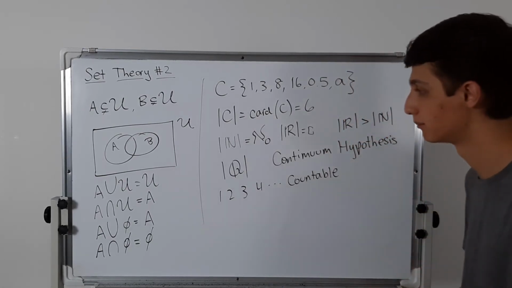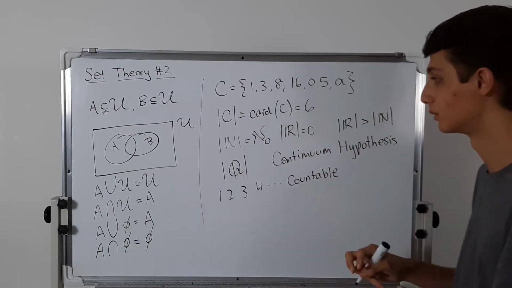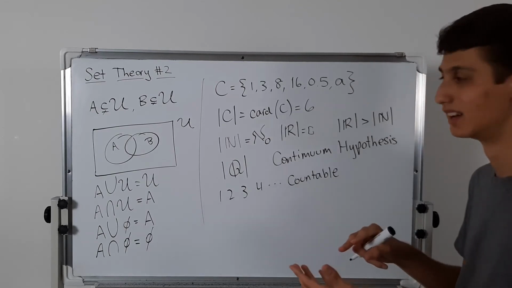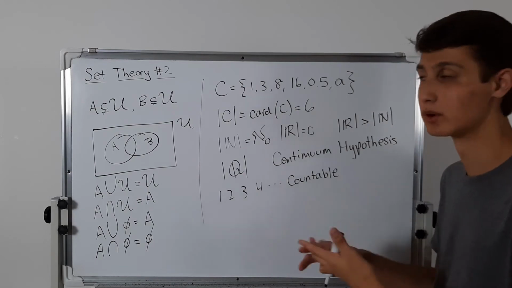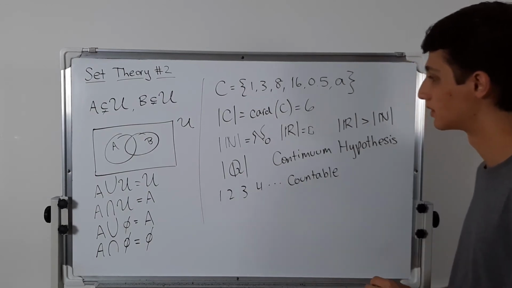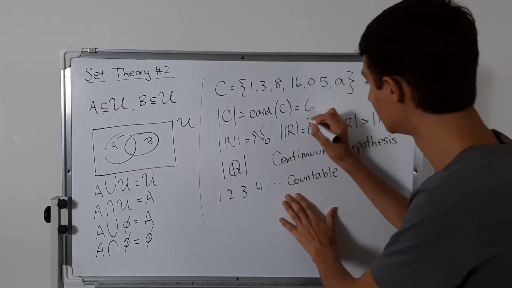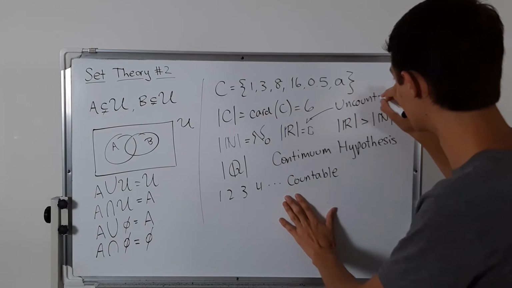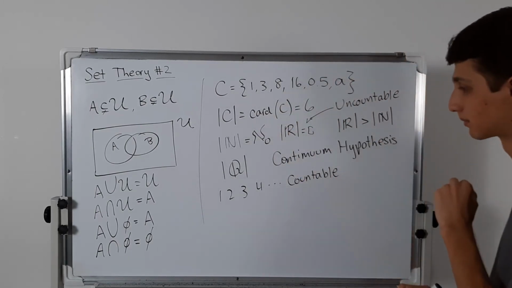With the real numbers, you really can't order them because, like I said, between any real numbers there's more real numbers, and you can keep going and there are going to be more and more. So this is not countable. Instead, this is uncountable.